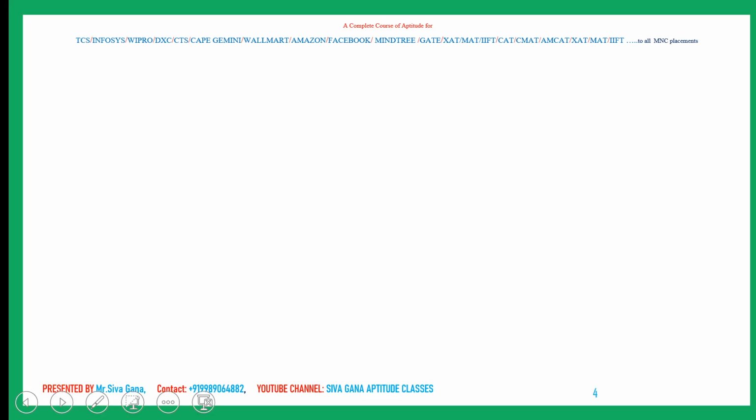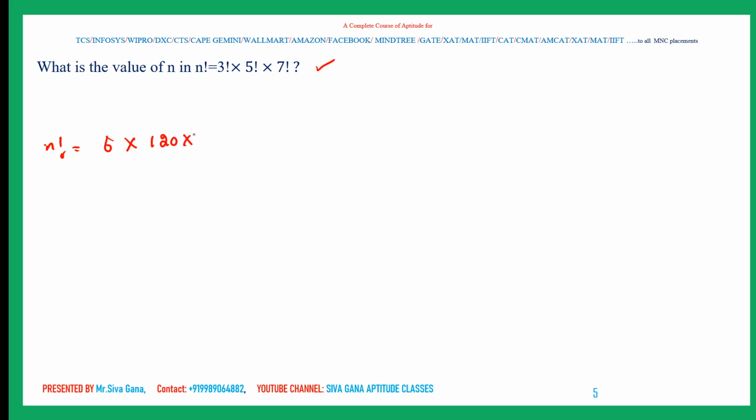Let us start. What is n in this previously asked question? So n factorial is equal to 3 factorial, which is 6, times 5 factorial, which is 120, times 7 factorial, which I am writing as 7 factorial itself. Therefore n factorial is equal to 6 times 120, which is 720, times 7 factorial. That is 72 into 10 into 7 factorial.